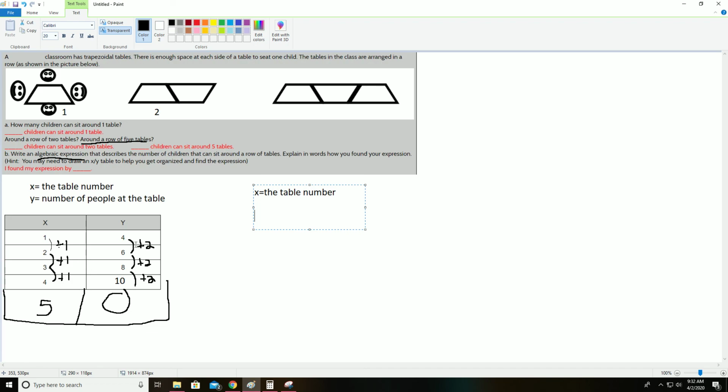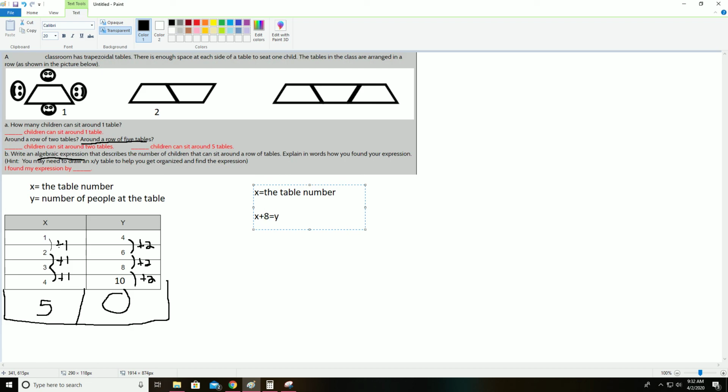But here's what I'm thinking. I like to start out my expressions with just trying some things out to see if I can come up with a solution and see if it'll work every time. So what I'm going to do is start doing kind of a little guess and check when I'm making my expression. And then if I get the answer, which is the y column, because really you should have x equals y. And you might have some other things with x, like x plus 2 equals y, x plus 8 equals y.